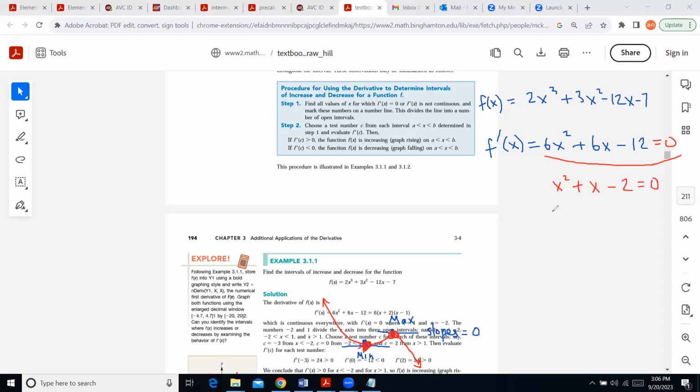And then if I solve this equation using factoring, and I guess this is pretty straightforward, I can break my first term, x squared, as a product of x with x, and then the last number 2 as a positive 2 times negative 1, then I'd be able to actually see that we factored this correctly.